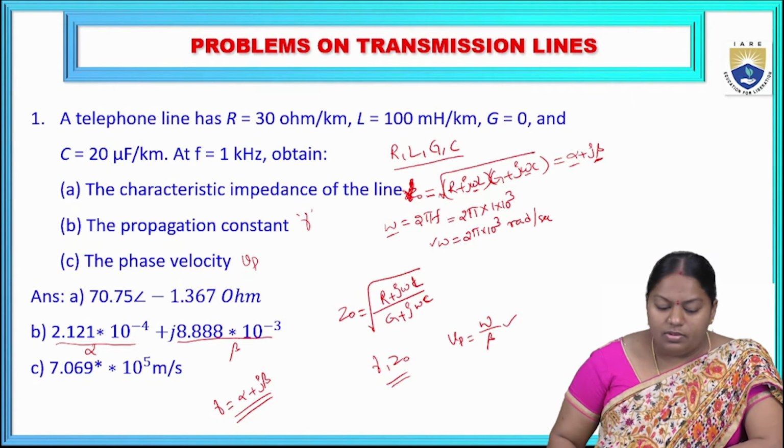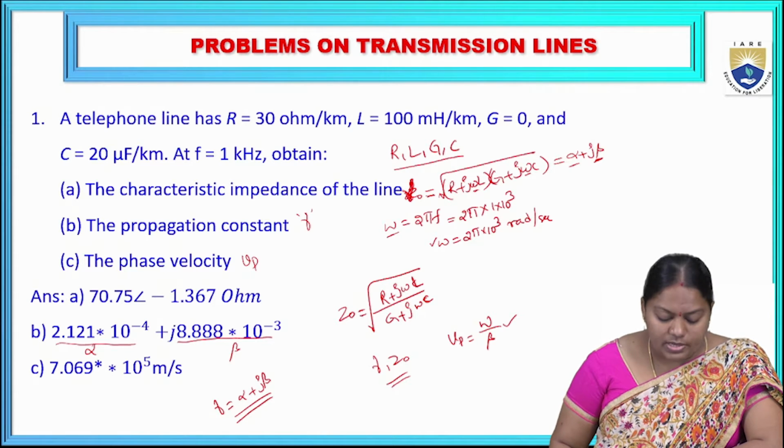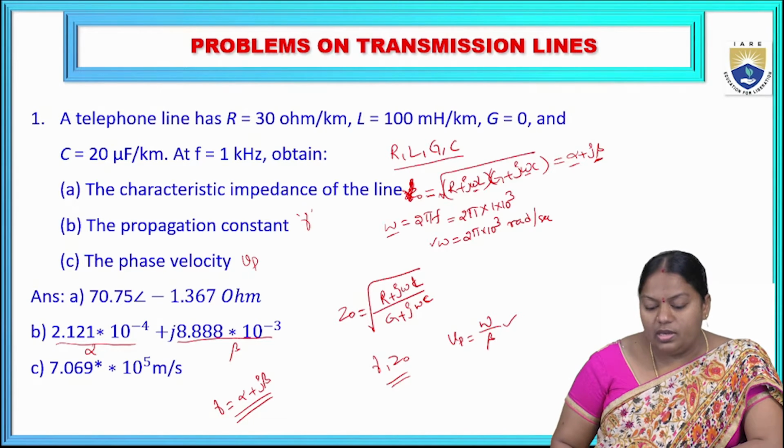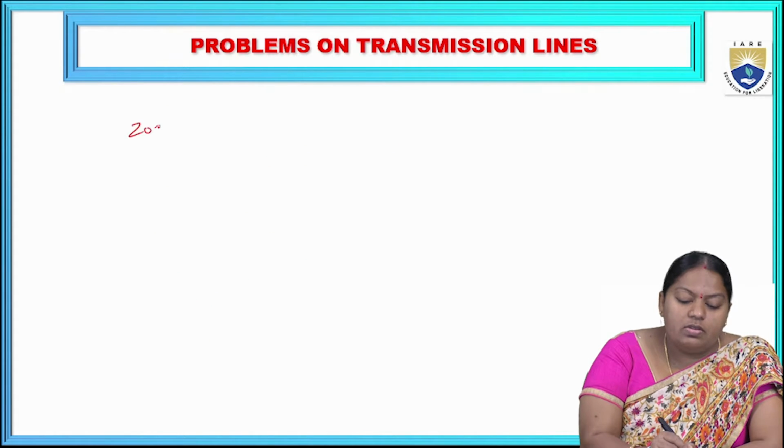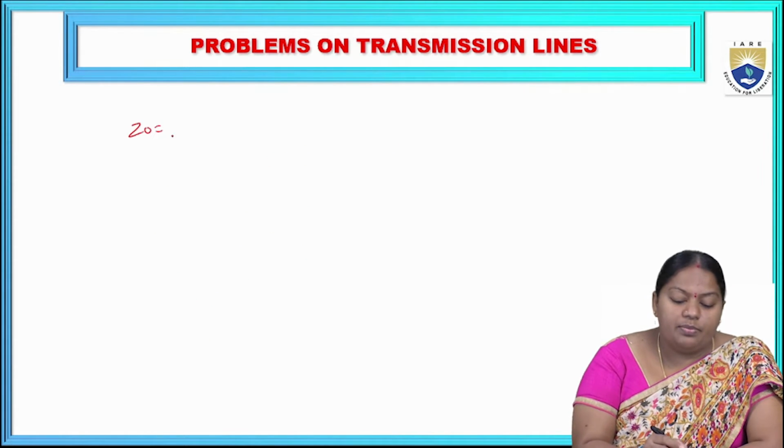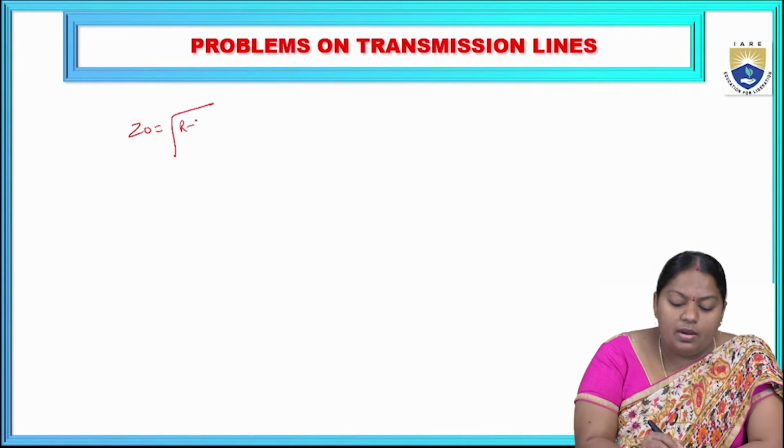And similarly, for the next part, the characteristic impedance of the transmission line is to be considered here. See, Z0 is the formula for the characteristic impedance of a transmission line. It is given by root over (R plus j omega L) by (G plus j omega C).